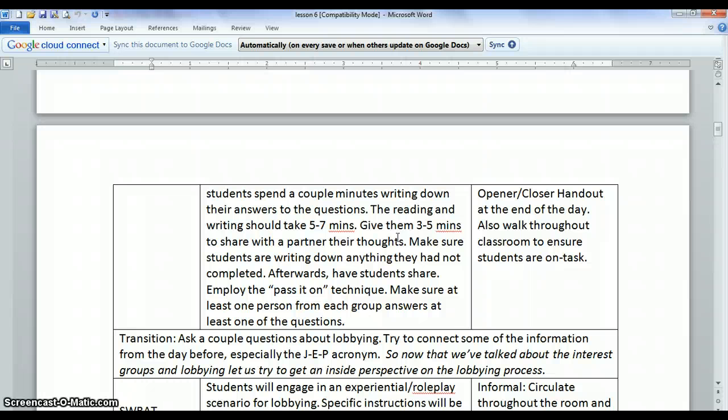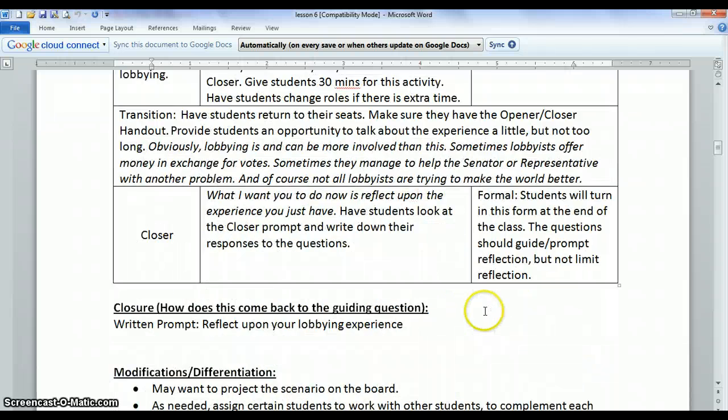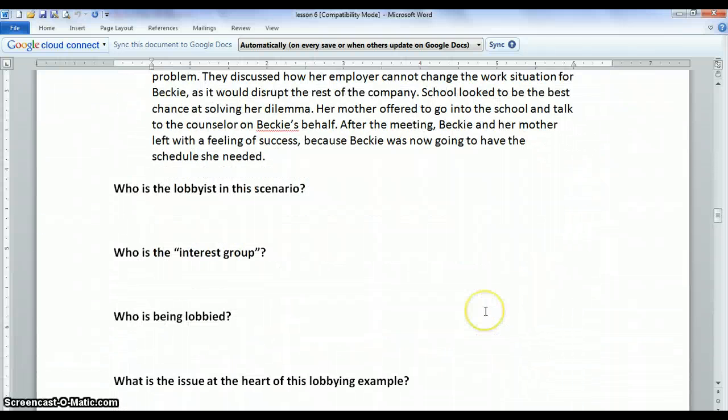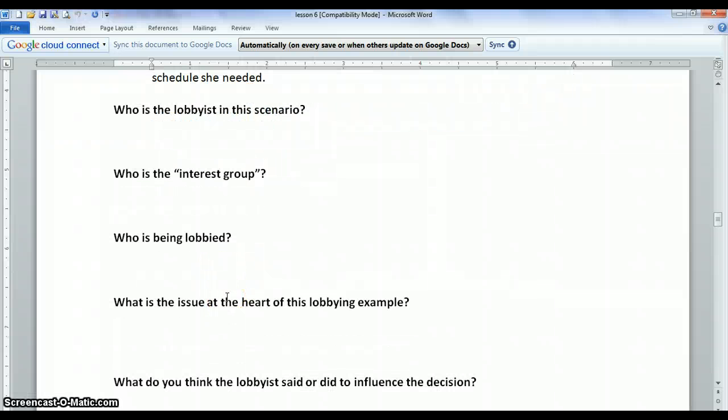But I thought, being able to move to something a little further down in Bloom's, being able to not only remember and understand, because you'd have to remember or understand terms like lobbyist, interest group, and things like that, but moving on to applying, being able to apply those terms to the scenario listed above.